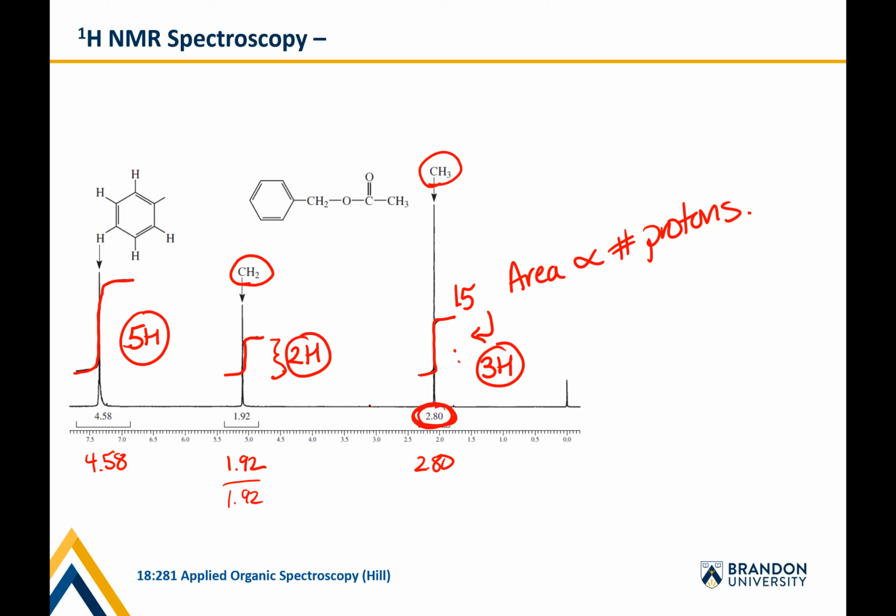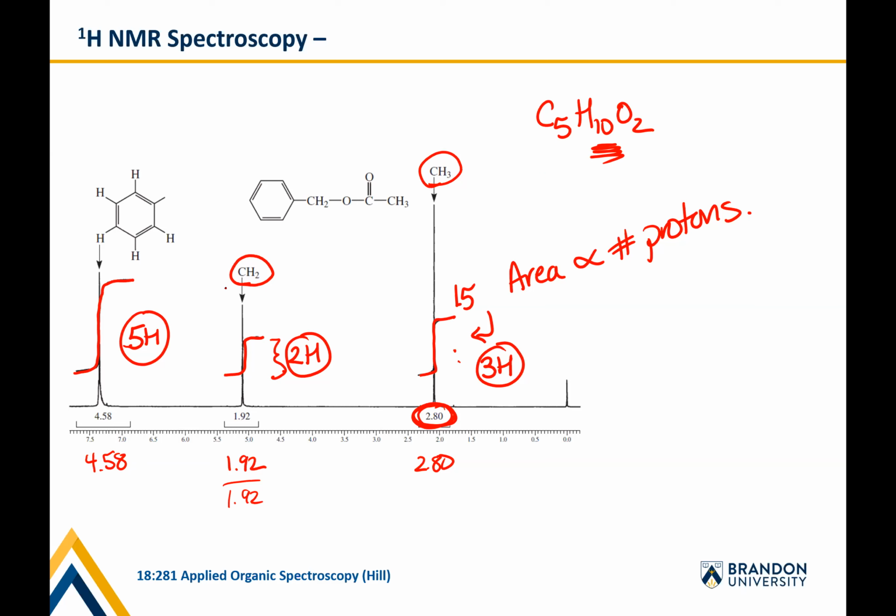So if you ever come across a spectrum with some odd numbers, you're going to have a formula like C5H10O2 or something like this. And when you do all your integrals, those numbers should add up to that number there. When we do a practice spectrum, we'll figure that out.